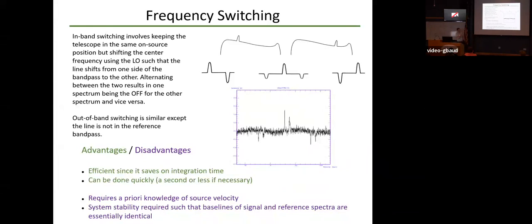So you need to know a little bit about the velocity. And the system has to be stable enough so that your signal and reference spectra are essentially identical. We're able to do this mostly by that fast switching. But if your system is drifting faster than second timescales, there are probably some other problems there, and frequency switching will not work very well for you.